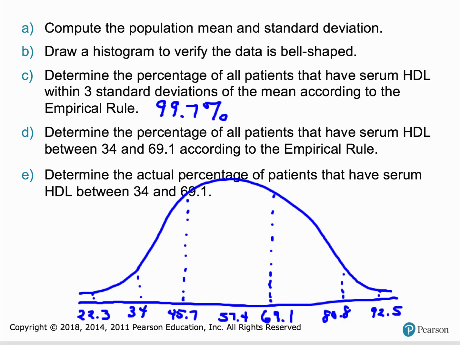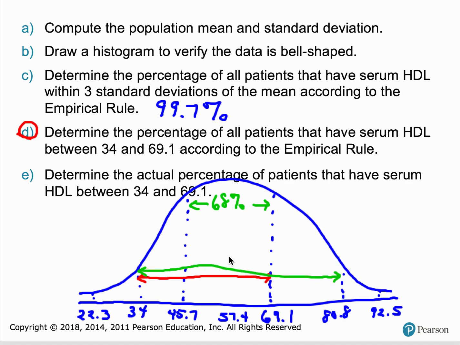Okay. Now, the question says, determine the percentage of all patients that have serum HDL between 34 and 69.1. Okay, look, that's right here. So I'm going to mark that in red. So let's put our values up there. We know that between these two is 68% of the data.